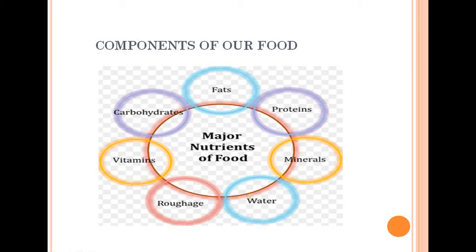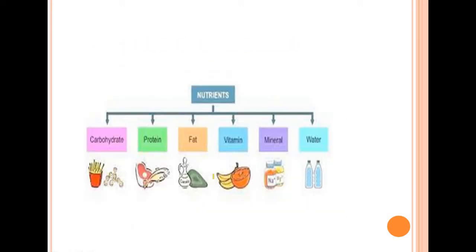Yes, these two are also taken as major nutrients of our food, because they are also present in our food items and play an important role in our body. We will discuss their functions later on. So let's sum up: this mind map shows the different types of nutrients, that is carbohydrates, proteins, fats, vitamins, minerals and water.